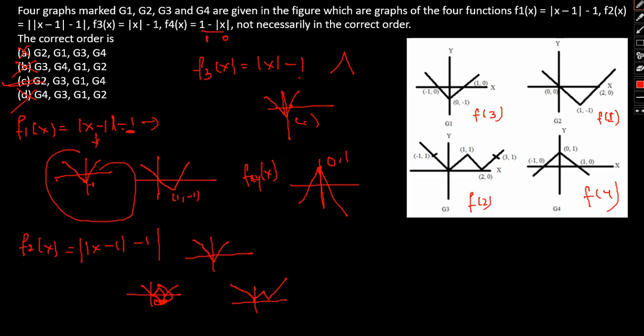So I hope this is clear to you, how we came about it. This was a very interesting question. All you needed was a simple understanding of the f of mod x function, that is, the graph of the same would look something like this. Sorry, mine actually looks like a parabola.